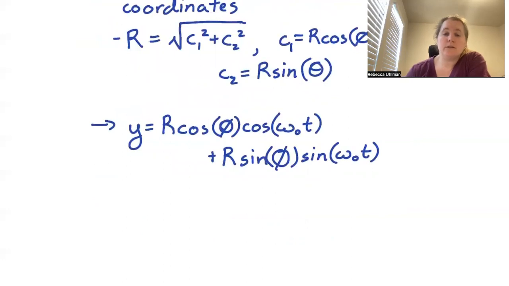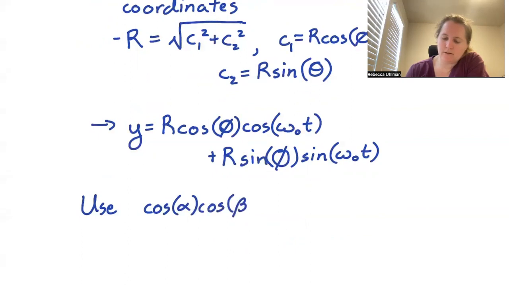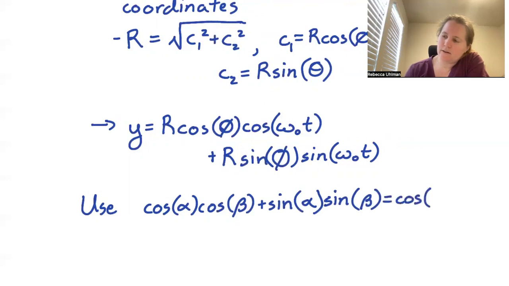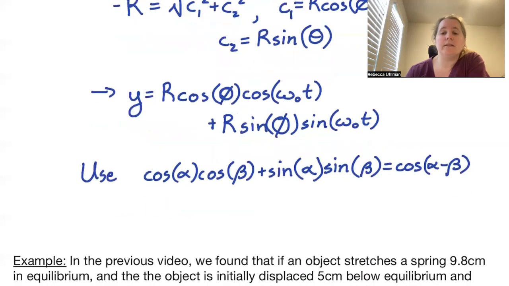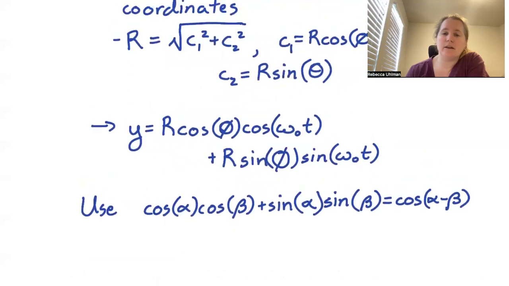And now we are going to use an identity. So we are going to use the fact that cosine of alpha times cosine of beta plus sine of alpha times sine of beta is just cosine of alpha minus beta. We will take omega naught t to be our alpha and phi to be our beta.